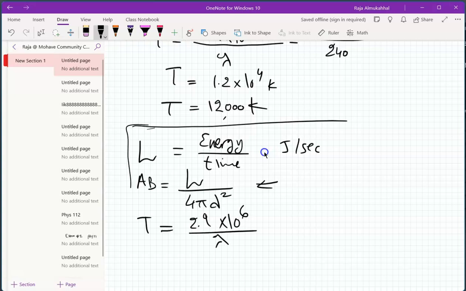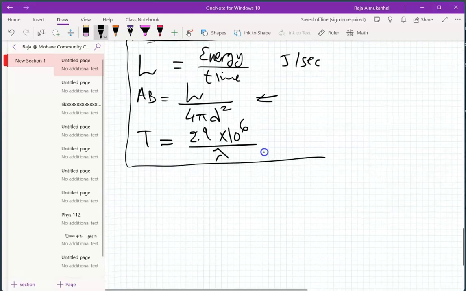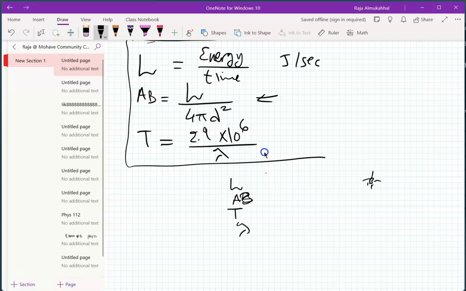Okay, so with these three equations, the question is, is it possible that we can actually find out the size of the star? In other words, let's say I am aiming my telescope at a specific star. I can measure its luminosity, I can measure its apparent brightness here from Earth, and I am able to measure its temperature and the strongest wavelength it's giving off.